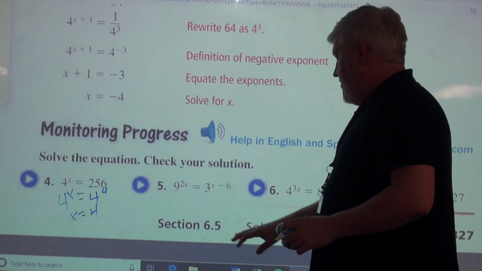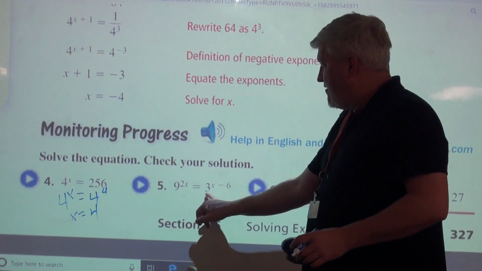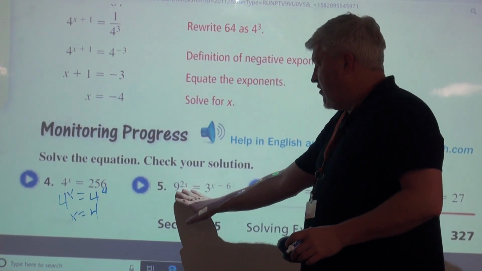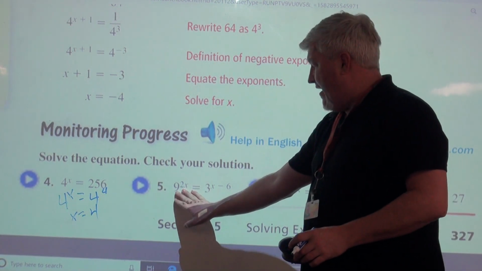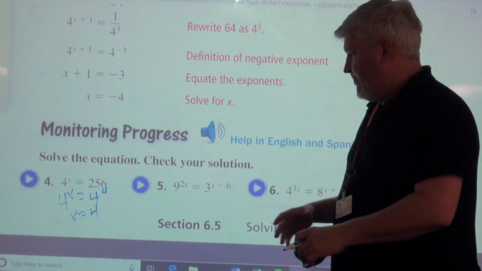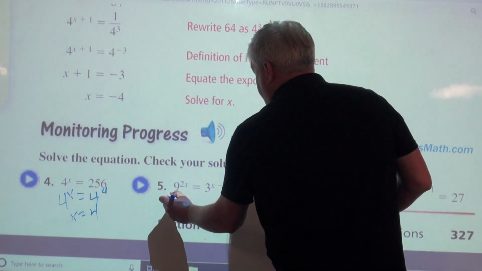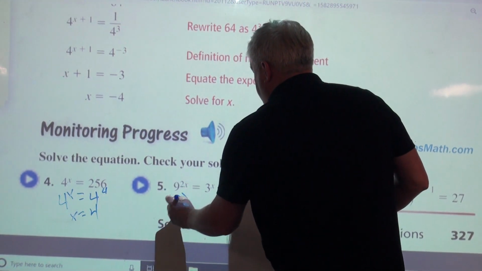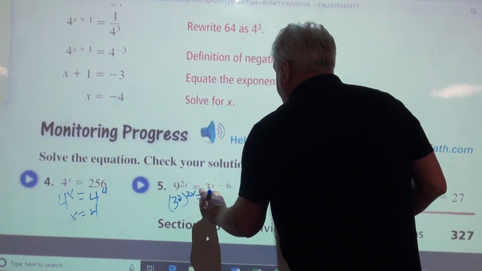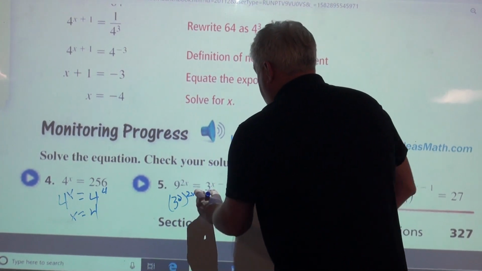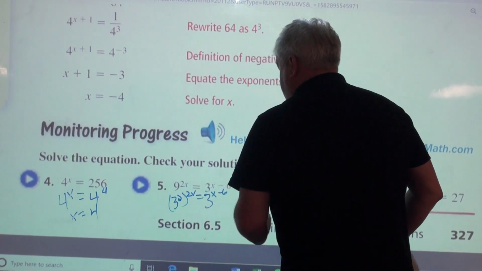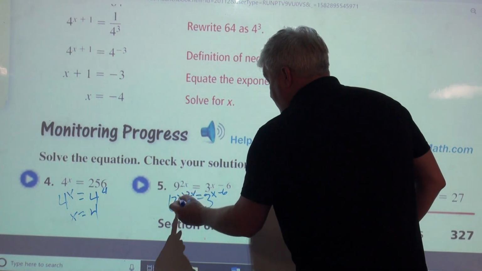Number 5, I have the base of 9 and the base of 3. Most all of you, if not all of you, should know by now, 9 is 3 squared. So 3 squared to the 2x equals 3 to the x minus 6. Multiply these together.